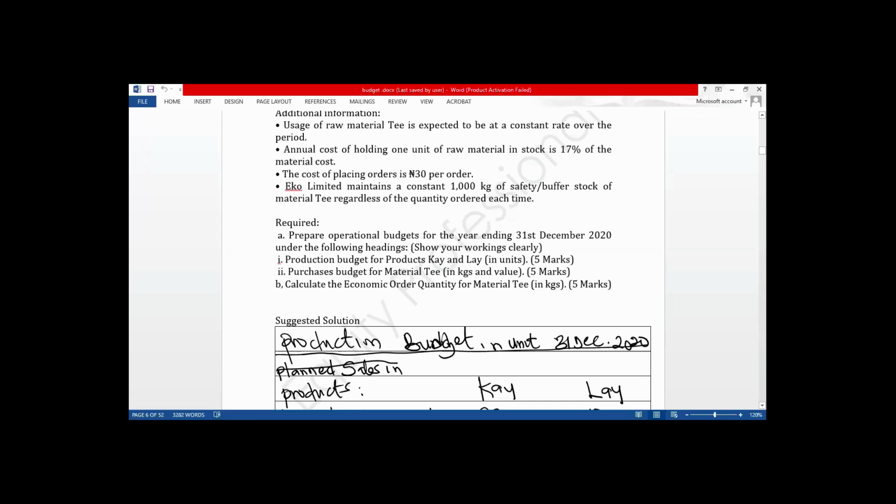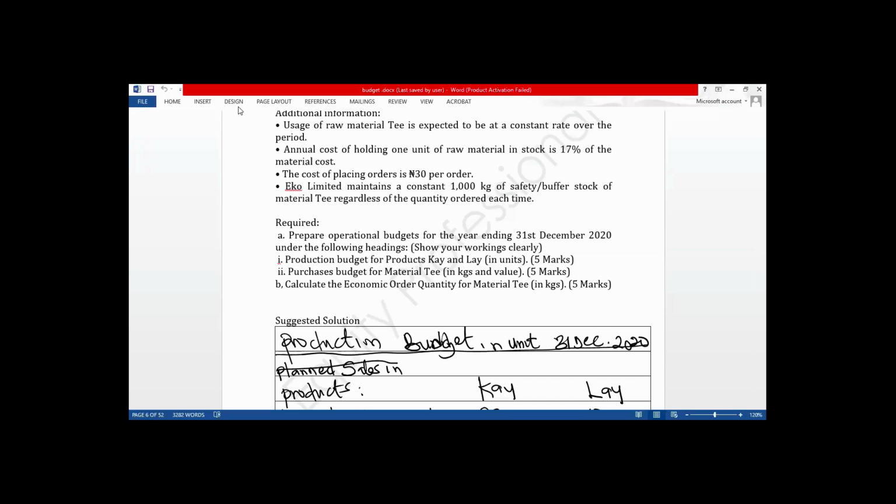What is cash budget? Cash budget, this is the budget that is prepared on cash basis. For your cash budget, you are going to compare the cash inflows against the cash outflows.